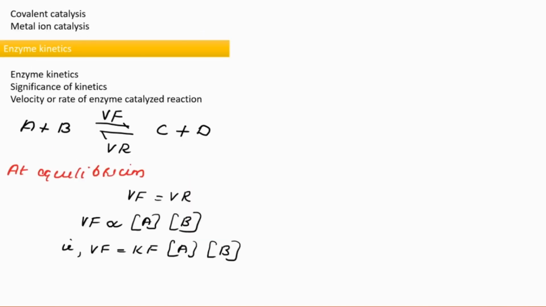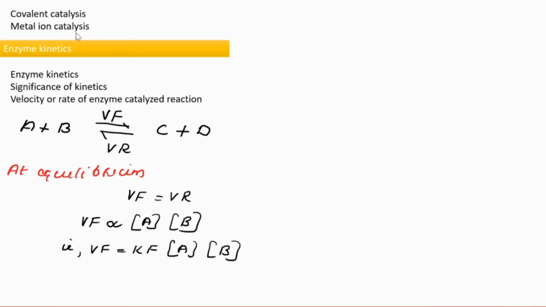Next is covalent catalysis. Covalent catalysis means the enzyme forms a transient covalent bond with the substrate and results in product generation. Example, enzymes with serine residues at the active site mediate the reaction by this method, covalent catalysis. Then metal ion catalysis.